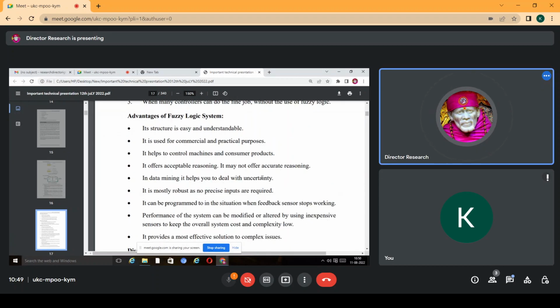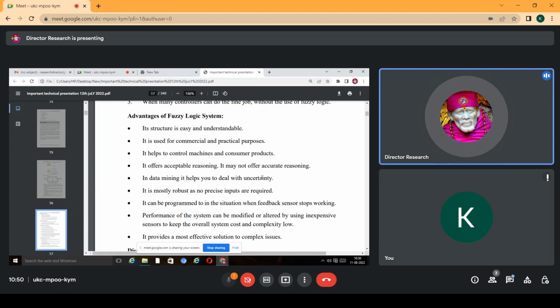It offers acceptable reasoning. In data mining it helps you deal with uncertainty. It is mostly robust as no precise inputs are required. It can be programmed to the situation.